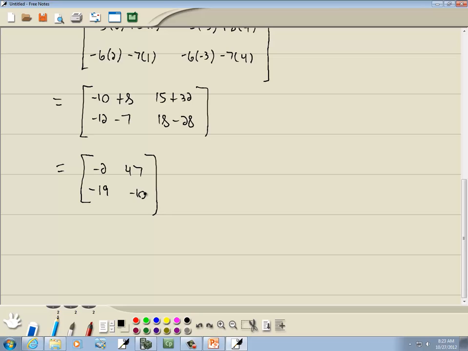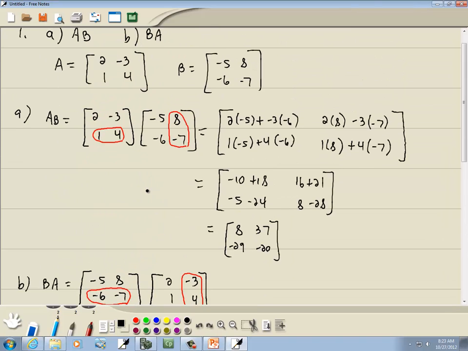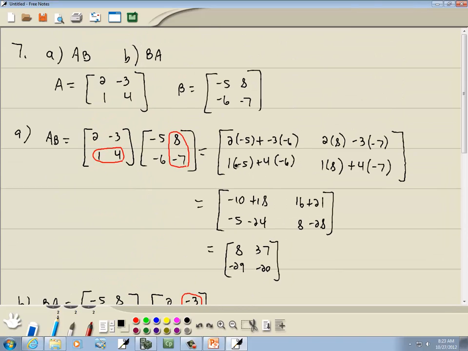Well, it'd be best to show it in the next example, but when multiplying, let me go ahead and mention it here. This matrix here is a 2 by 2, and this one's a 2 by 2. Unfortunately, everything's 2's here. But what you're going to find is that there's going to be a connection here.